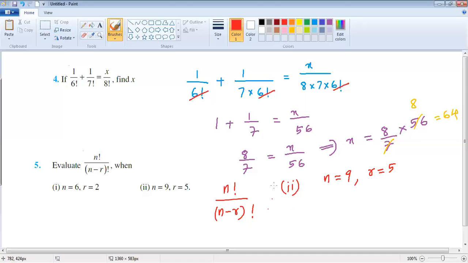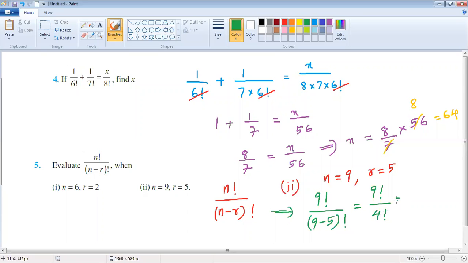So this is n factorial. That means 9 factorial divided by the factorial of the bracket n minus r, which is 9 minus 5, so 9 factorial divided by 4 factorial. 9 minus 5 is 4.